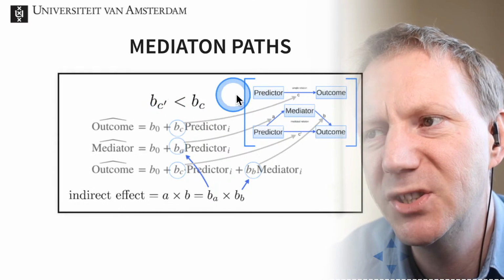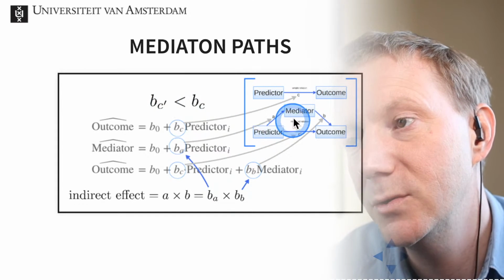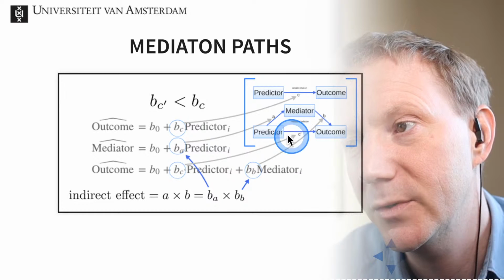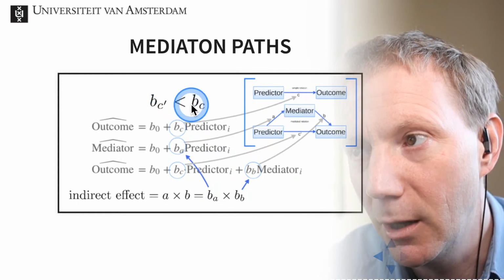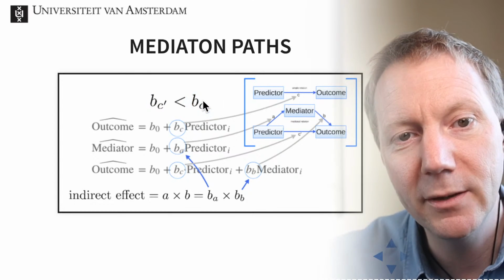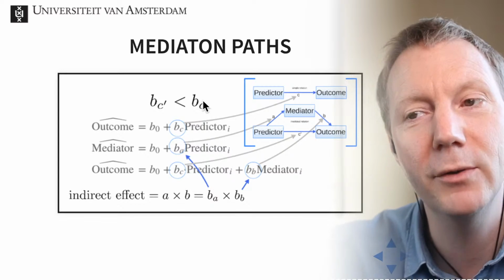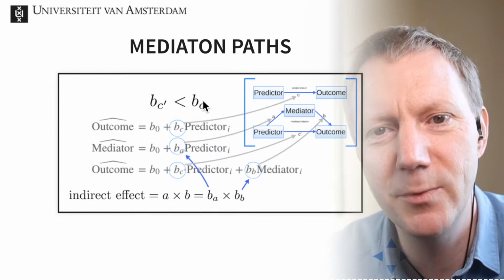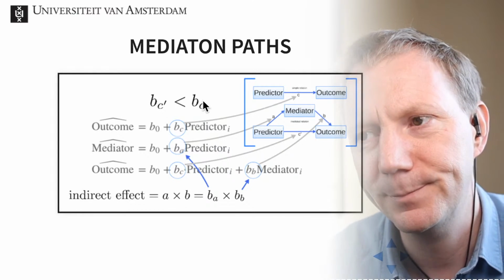So if you look at the beta coefficient of this one compared to a multiple regression and look at the beta coefficient of C prime, and you see that C prime is lower, then the mediator is at play. So there actually is a confounding variable, or in this case we call it a mediator variable, that is doing something.